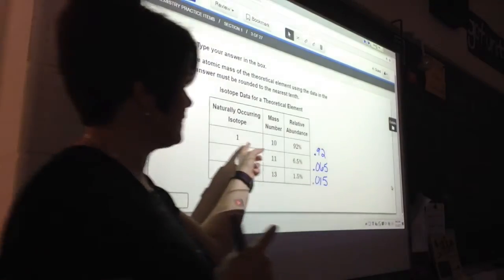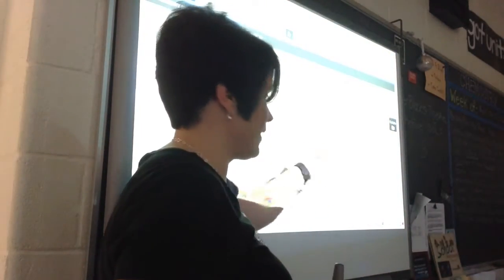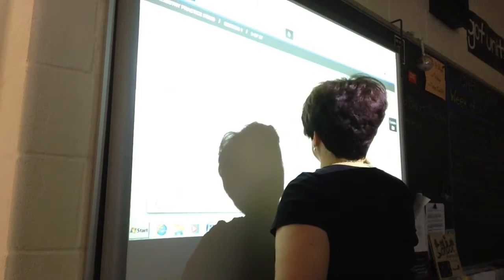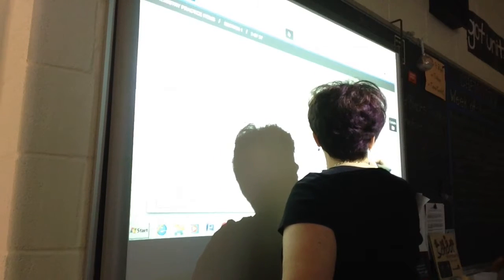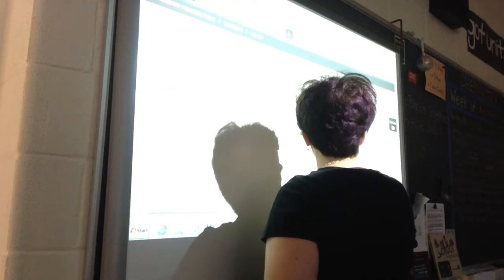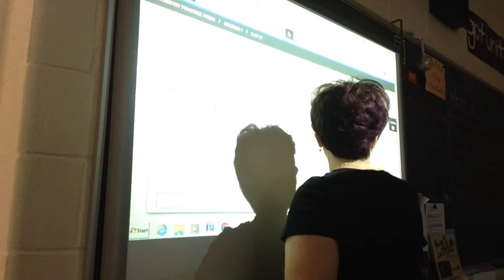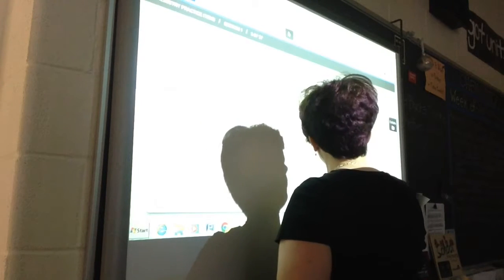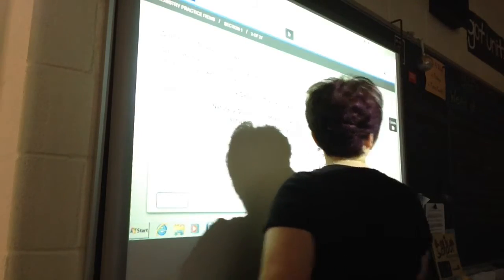For this one, there are 3, so we need 3 portions to figure out, and then we add them together. So we're going to take 10 times 0.92. We're going to take 11 times 0.065. And we're going to take 13 times 0.015.